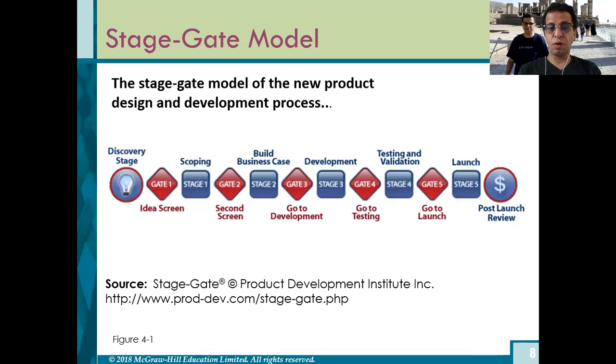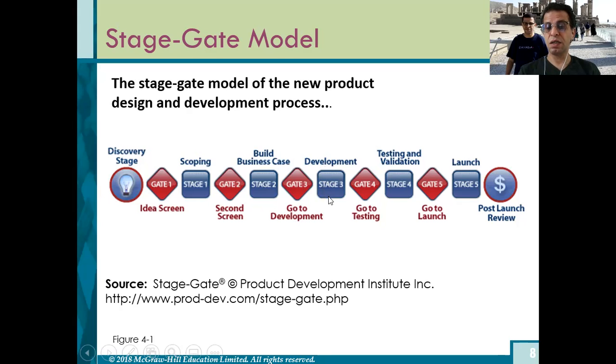This is the stage gate model of new product development and design, and there is a link here for it. First, you do a discovery stage, you have an idea screen, gate one, and then you do the scoping for it. You create a second screening for the scope, and you build a business case in stage two, and then you go and do the development.